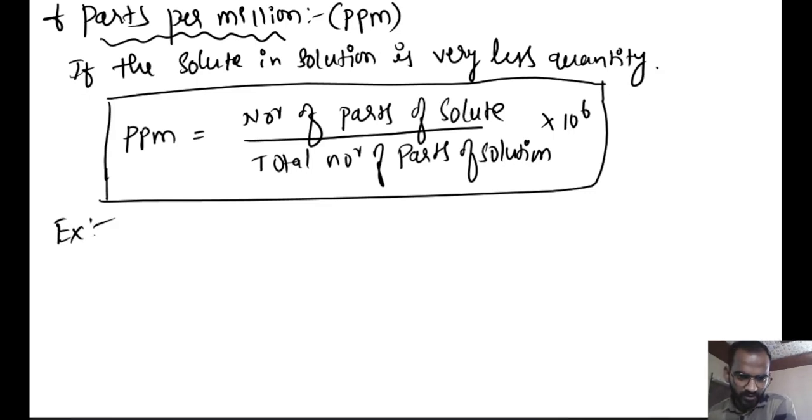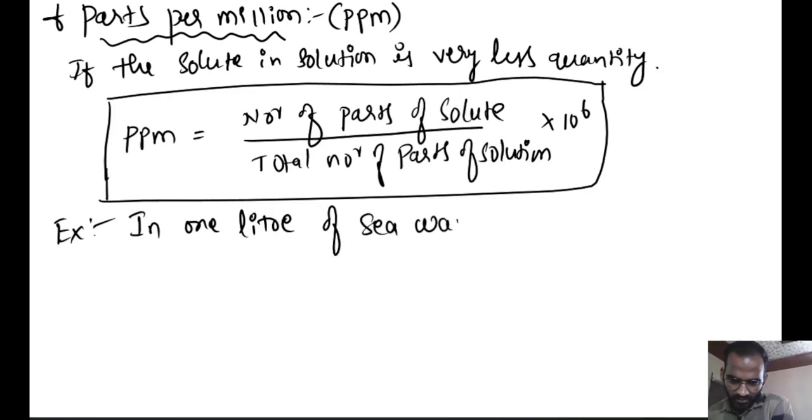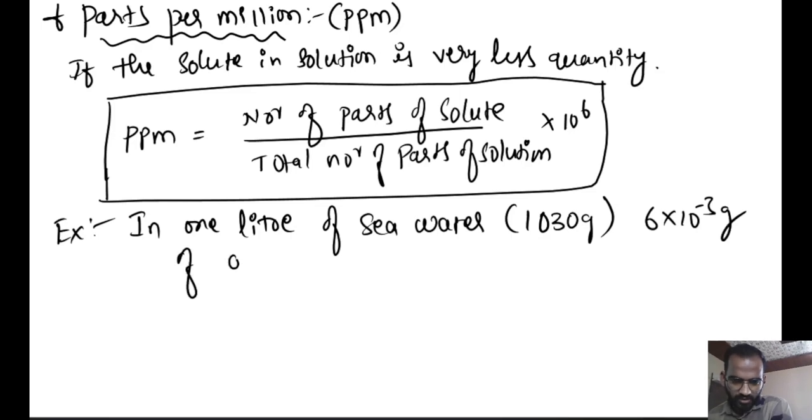They mentioned that in 1 liter of seawater, that is, the given weight is 1030 grams of water, in that water 6 into 10 to the power of minus 3 grams of oxygen is dissolved. You can see here, in 1030 gram of water, only 6 into 10 to the power of minus 3 gram of oxygen is dissolved.